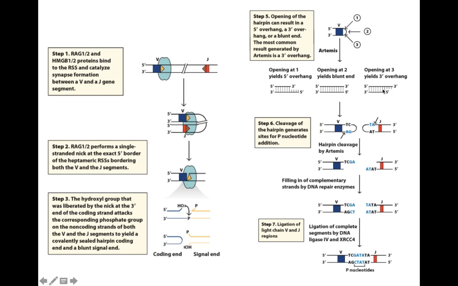So you can get even more diversity because of the different possibilities of where this enzyme is going to cut this hairpin. Then you have the addition of P nucleotides, if you open this and it has an overhang. So you'll get a few nucleotides added in here depending on how Artemis cuts it. And then we have enzymes that are important for sealing this DNA back together. DNA ligase 4 and XRCC4 can glue this basically back together.